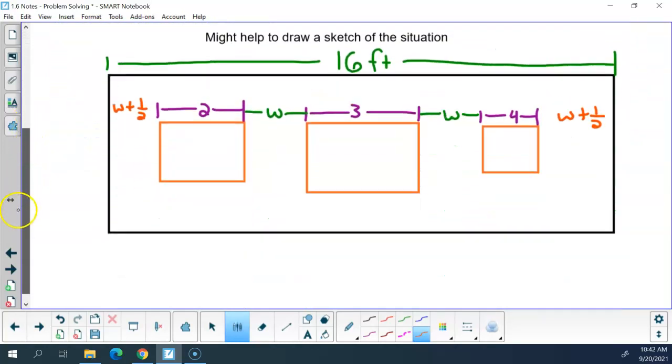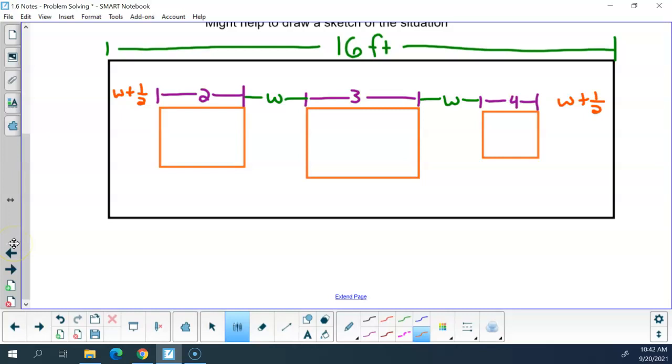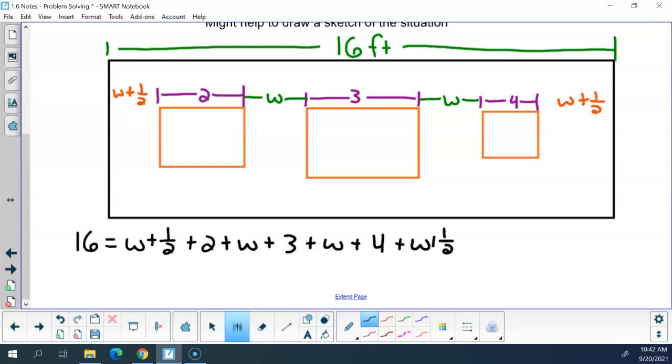So, what is my equation then? 16 equals W plus 1/2, plus W, plus W, plus W, plus W, plus W, plus W plus 1/2, right?